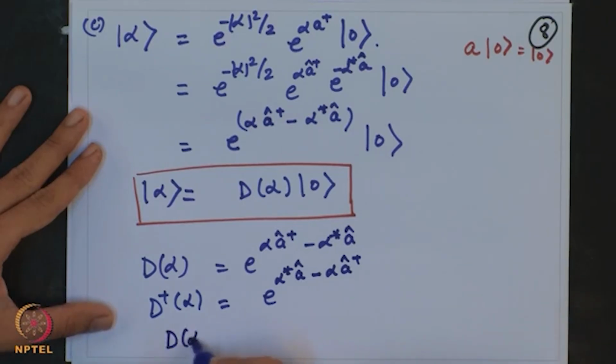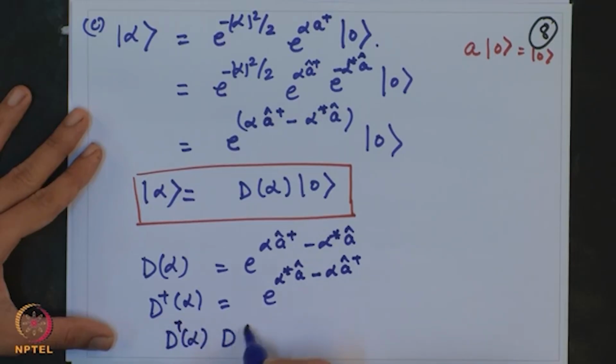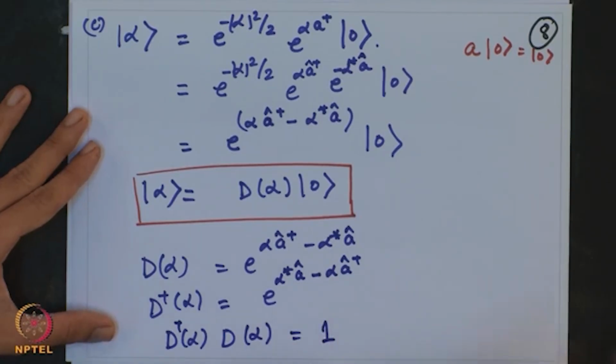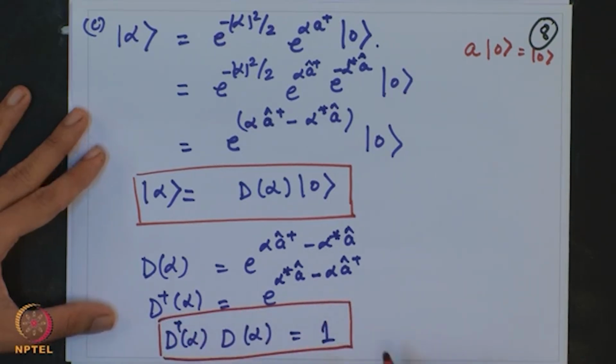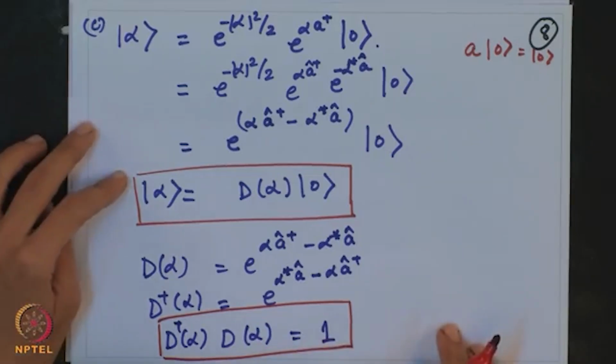So, when I take D dagger alpha, D alpha, so U dagger U is 1, that is, it is a unitary operator. It is very simple, you can see it without even solving. Okay. So, these exercises, and you had in your lecture a few more exercises, try and solve those exercises which were discussed.